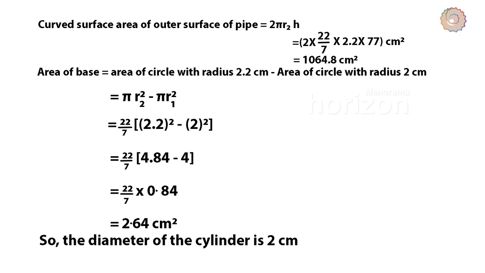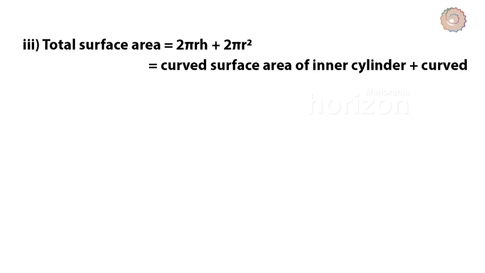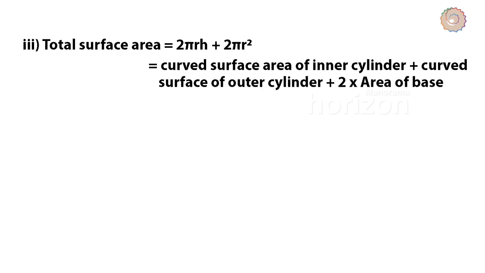Now, the third subpart is to find the total surface area of the cylindrical pipe. The total surface area is given by 2 pi r h plus 2 pi r square. That is, curved surface area of the inner cylinder plus curved surface area of the outer cylinder plus 2 into area of the base.